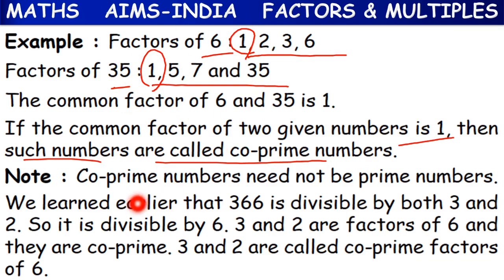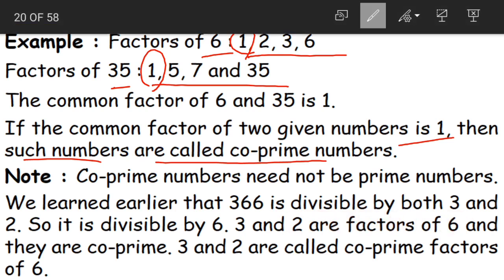They are co-primes. We learnt earlier that a number is divisible by both 3 and 2, so it is divisible by 6. 3 and 2 are factors of 6 and they are co-prime. 3 and 2 are called co-prime factors of 6. Yes, what are they saying? What did we learn about the divisibility rule by 6?